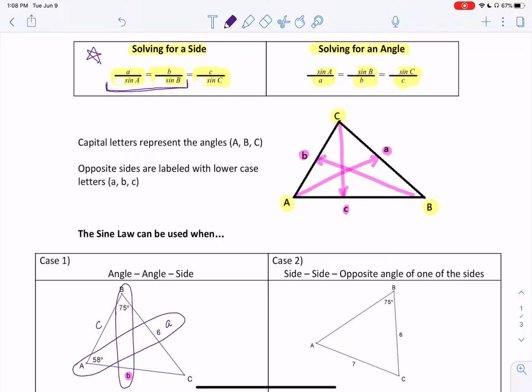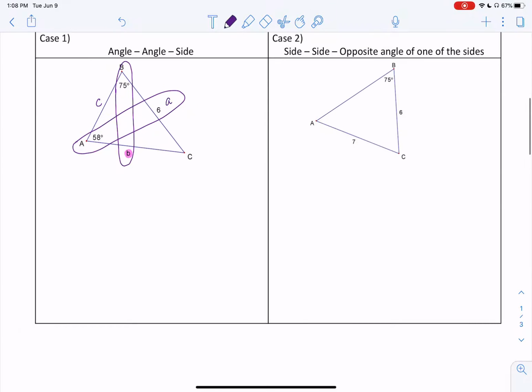So now I'm just going to write out that equation, the part that I've underlined there. So we have a over sine big A equals b over sine big B. The reason we use this variation when we're looking for a side is it just makes our algebra easier. If you had decided to use the other one, you would have been able to get the answer just fine. So let's fill in all of our values.